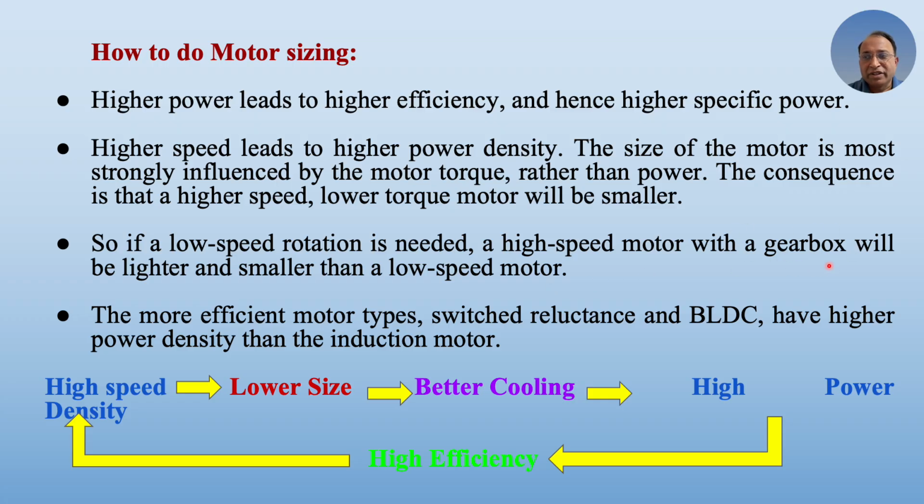But since it is an electric motor, we don't require a complex gear assembly. A simple one or two speed gearbox will be sufficient, and the weight of the gear and a smaller motor put together is always lighter than a higher capacity, higher weight motor. The more efficient motor types, like switched reluctance motor and BLDC motor, have a higher power density than the induction motor.